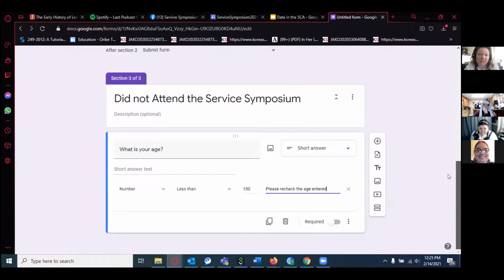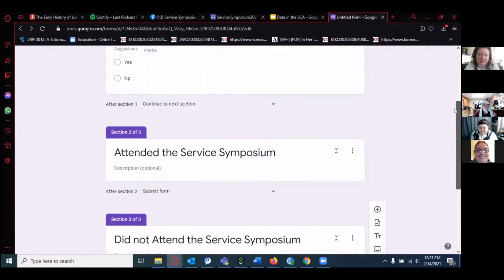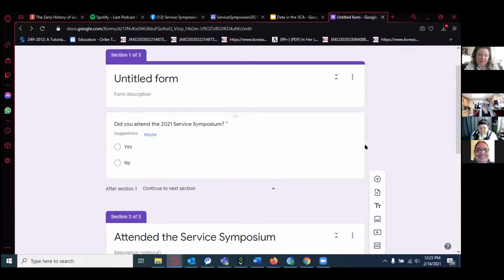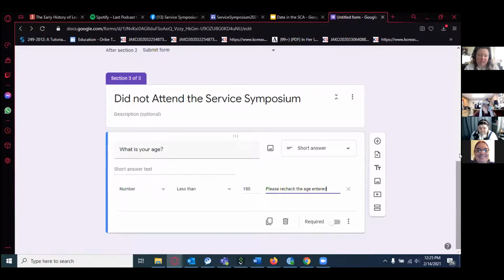So there's a lot that you can do with these and make these highly customizable. You could have different sections based on each answer that occurs. Perhaps you want it to be where people who are less than 18, add in another regex expression.